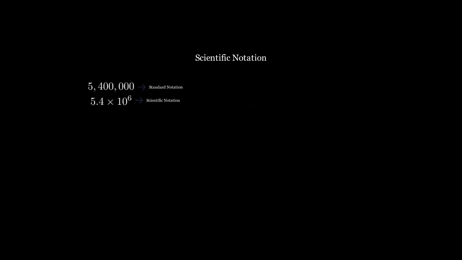Let's see another example to understand the conversion better. Let's say we have this number, which is written in standard notation. To convert this number to scientific notation, the first step is to move the decimal point to the left until there is only one non-zero digit to the left of the decimal point. In this case, the decimal point is moved 6 places to the left to get 3.32.